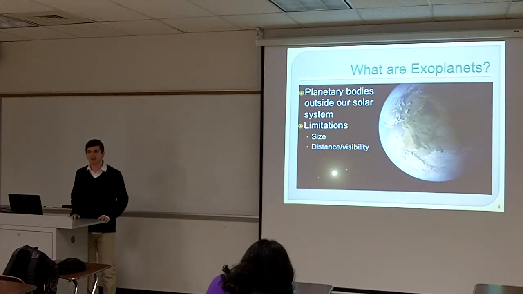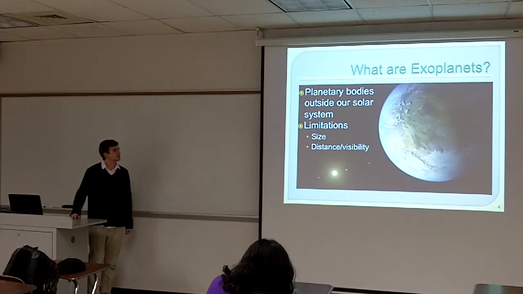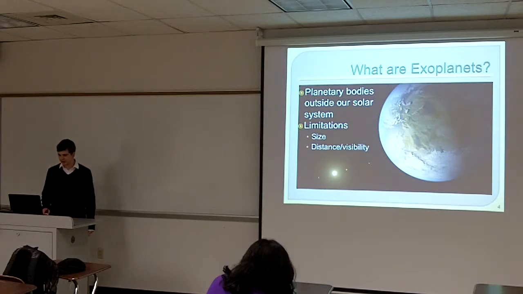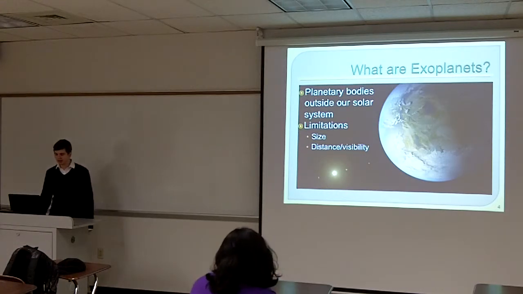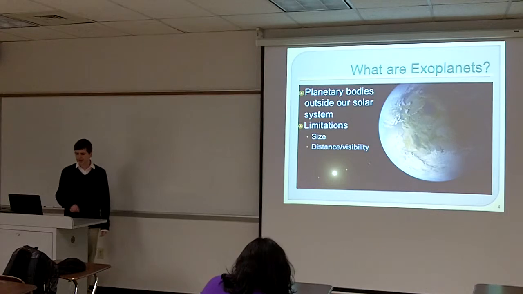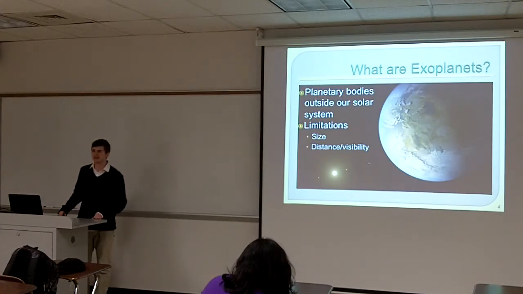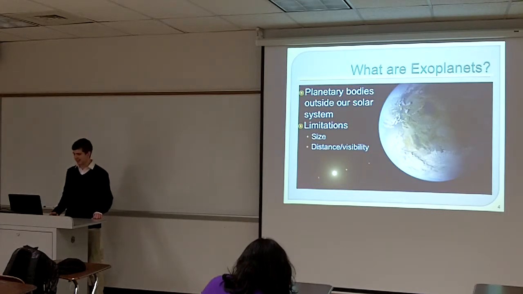So, what are exoplanets? Well, they're planetary bodies that are outside of our solar system. However, they are also quite far away. It was actually just this past month published. The closest exoplanet currently found is 39 light years away.